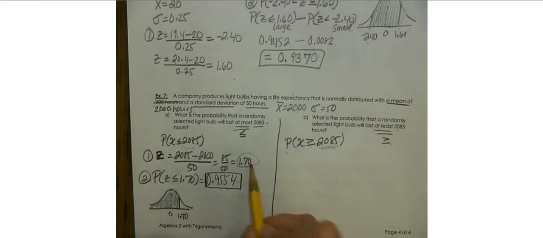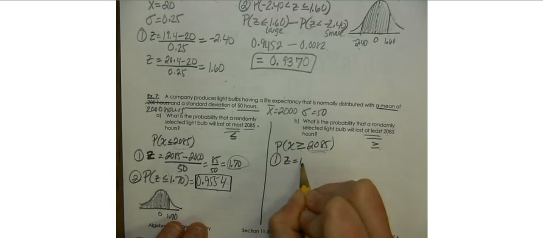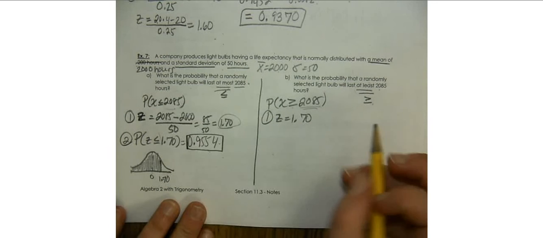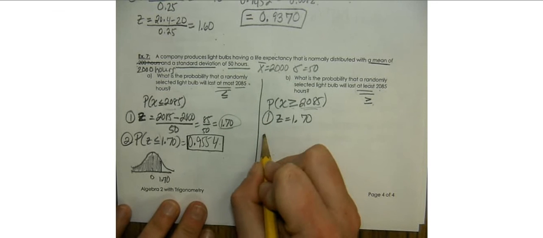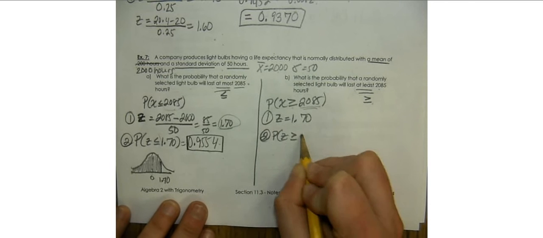And fortunately for us, we've already done that. We've already converted it to a z-score because it's the exact same problem as what we already had. So we already know that our z-score is equal to 1.70. So I want to rewrite my probability statement as the probability that z is greater than or equal to 1.70.